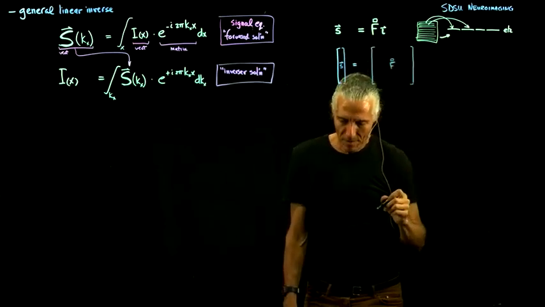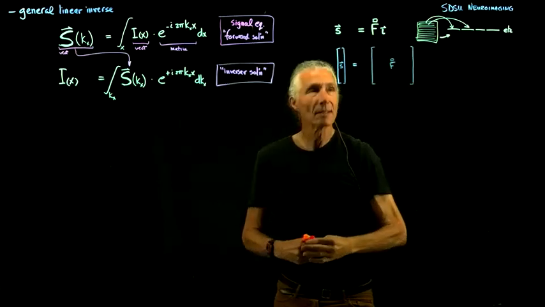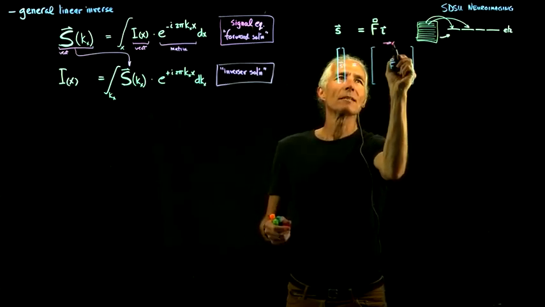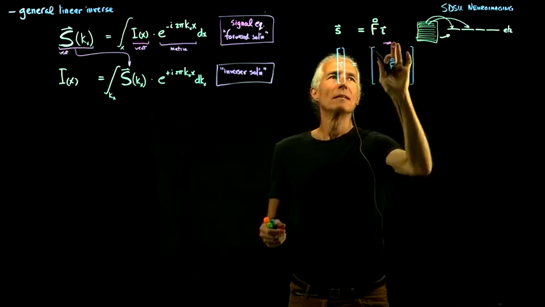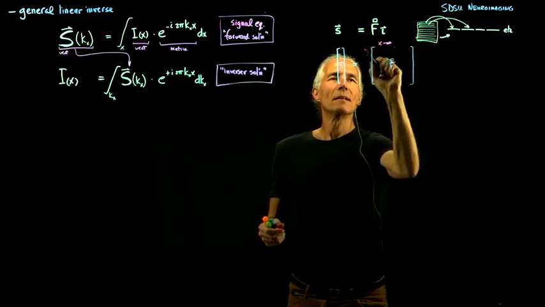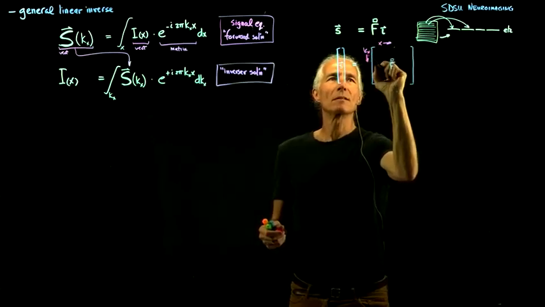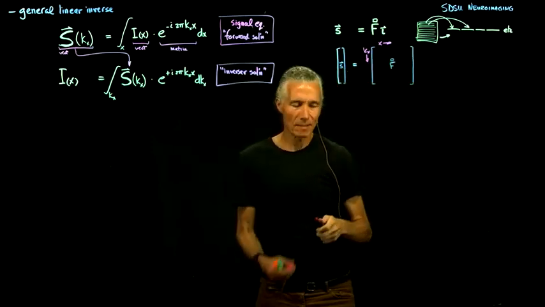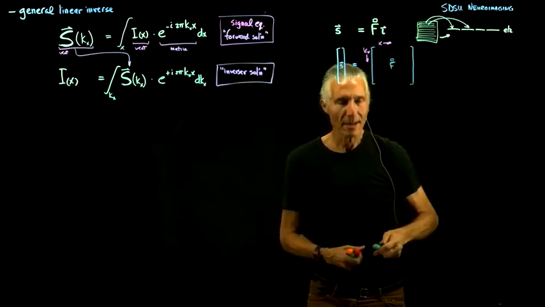And what are the dimensions of this matrix? So x is going in that direction, and then kx is going in this direction. So there's a table of all the possible combinations of x and kx.